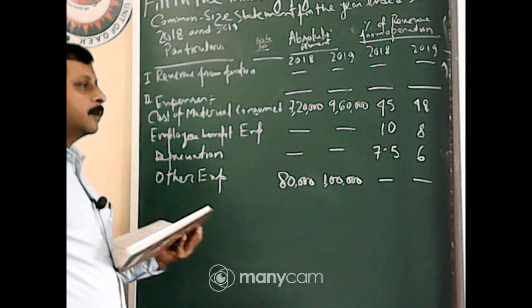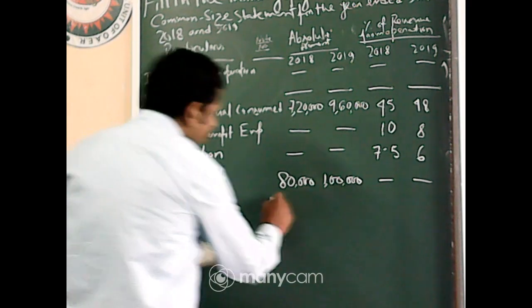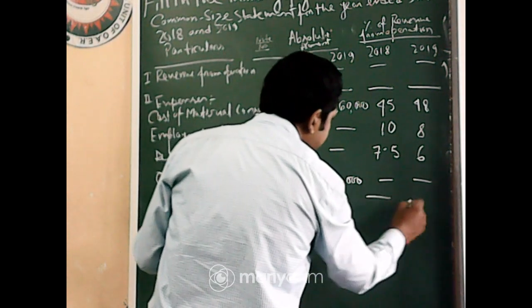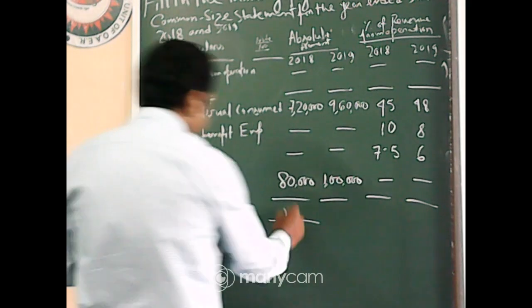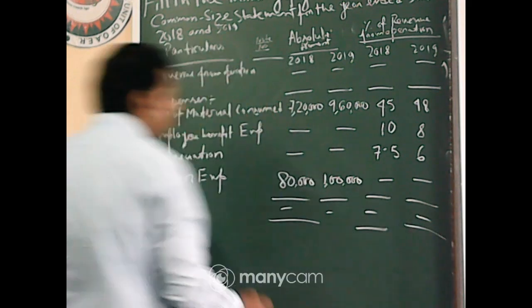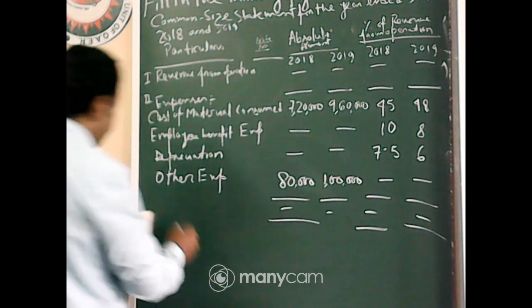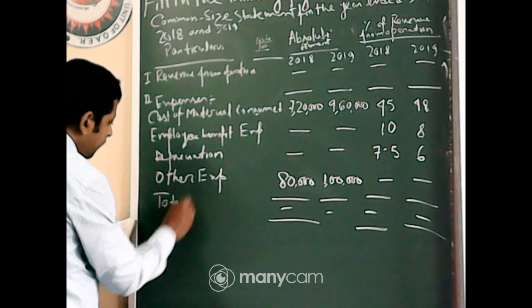The absolute figure is given, but no percentage is given here. And if you sum all these things, that is what comes out as total expenses. You do not know the total expenses as of now, and you do not know the total percentage either. So here we write total expenses.